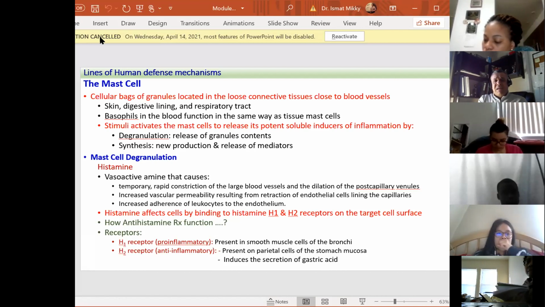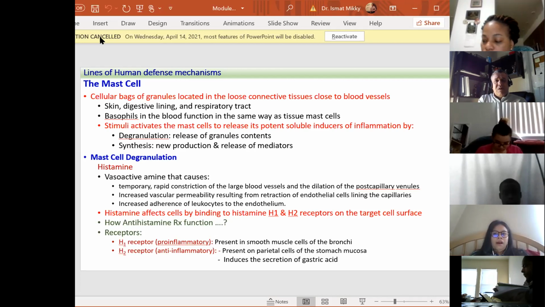Because the previous slide talks about the histamine and bradykinin, and they have a specific physiological effect on the blood vessels. The histamine causes vasodilatation. With the vasodilatation and increased permeability of the blood vessels, there will be more secretions, because more fluids will leak from the blood vessels into the interstitial space.